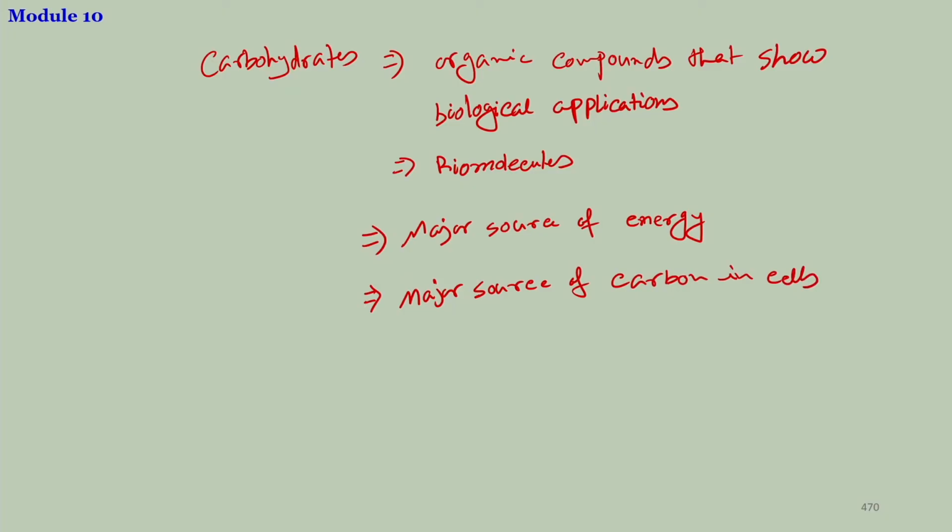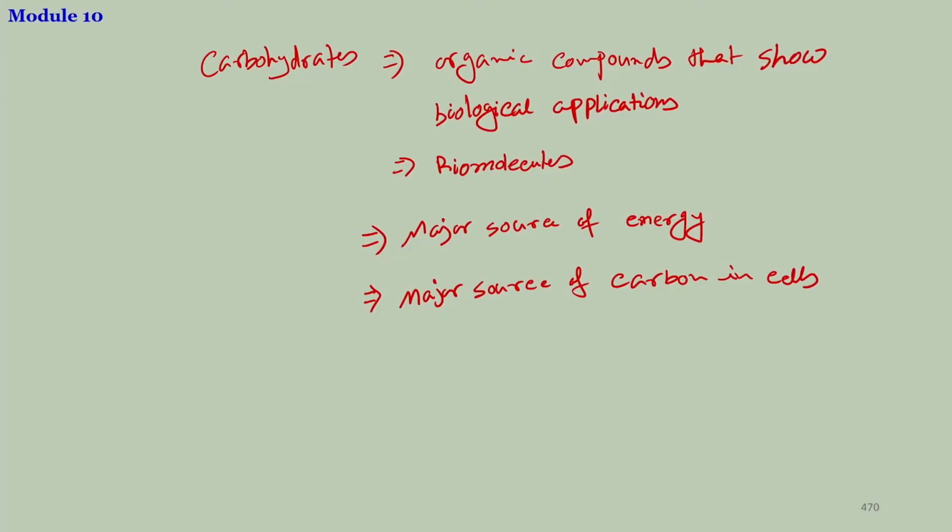Obviously, most of the smaller molecules present in cells have carbons in them, and many of those biomolecules are actually derivatized or synthesized back from carbohydrates. So, it is a major source of carbon in the cells also. They also serve as storage units in biological bodies.